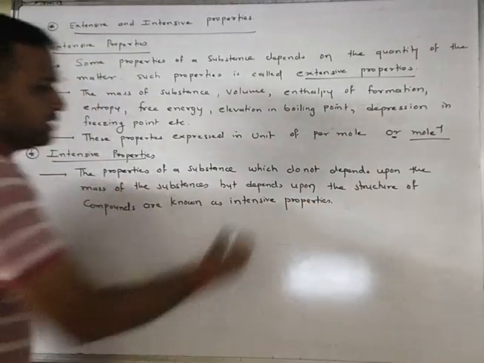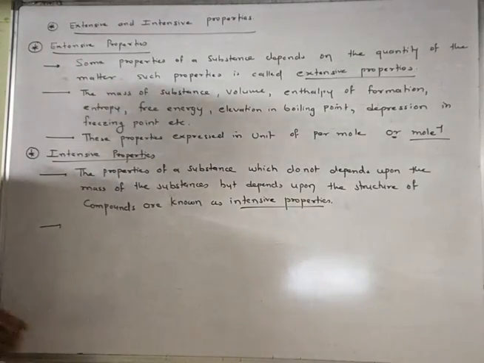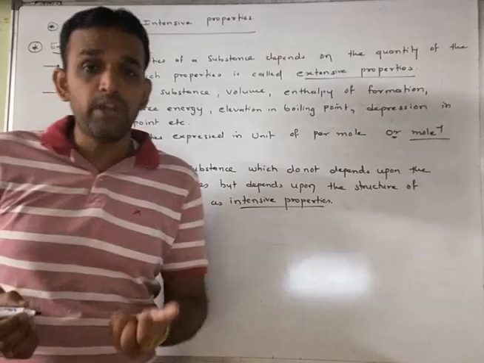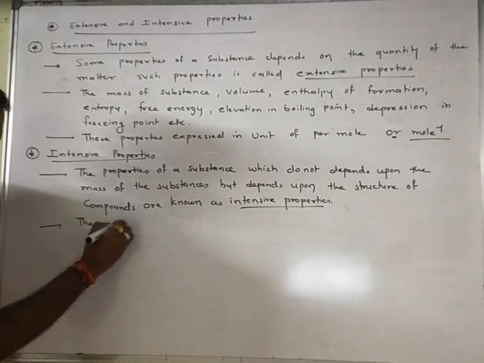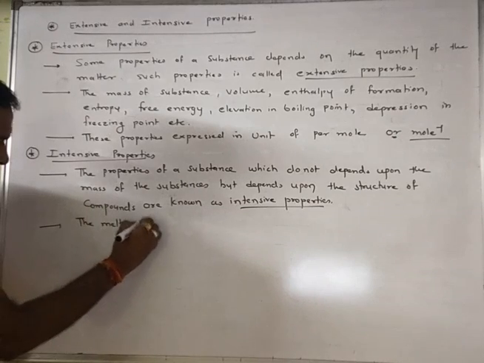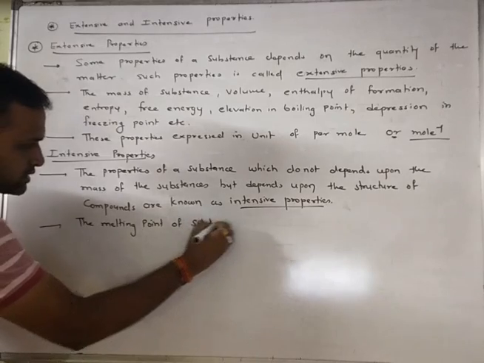Understand? उसको क्या बोलते हैं हम? Intensive properties. Okay? Now, as for example, चलो example लेते हैं. The melting point of solid substance.